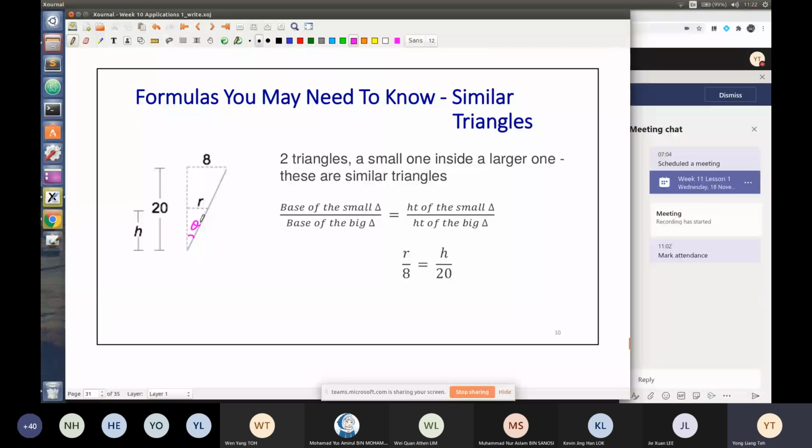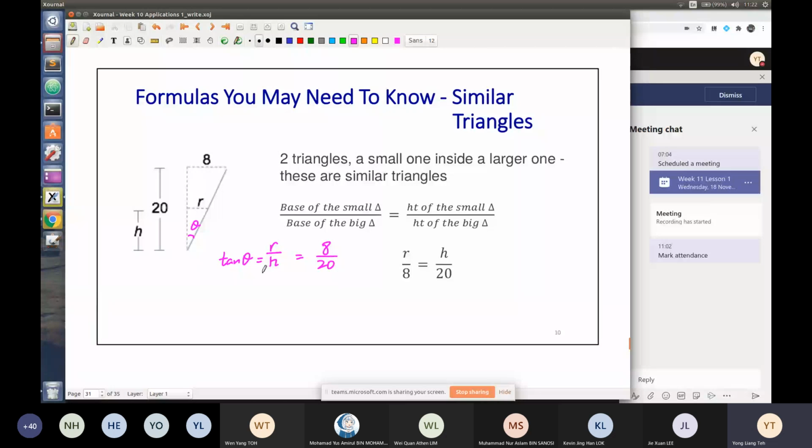If you try to relate the opposite to the adjacent, then it's pretty clear that tangent theta could be given by two expressions: opposite r divided by adjacent h. But this tangent theta can also look at the bigger triangle, so it has to be 8 opposite, adjacent 20.